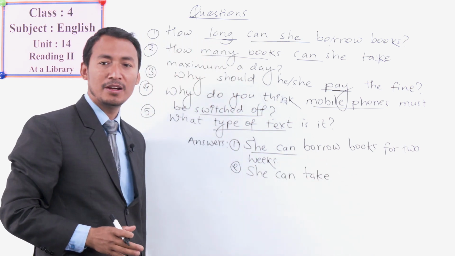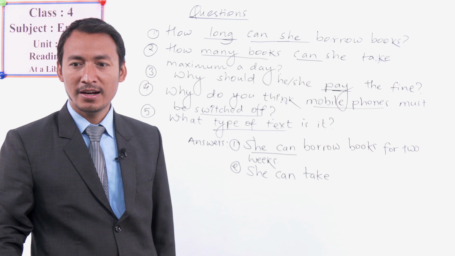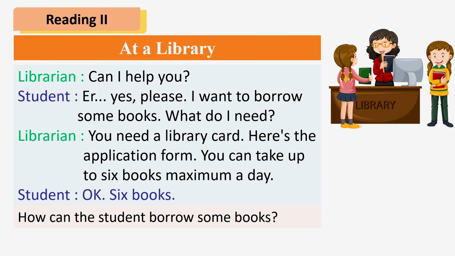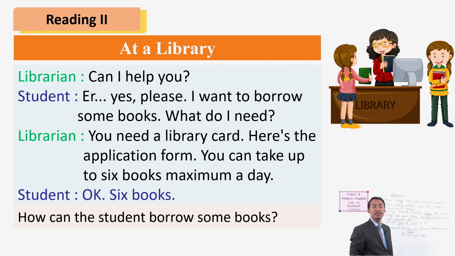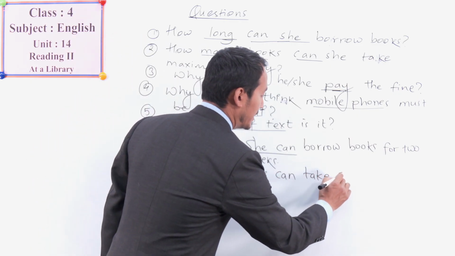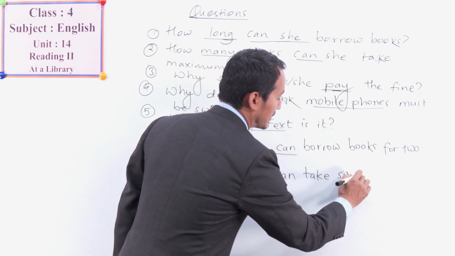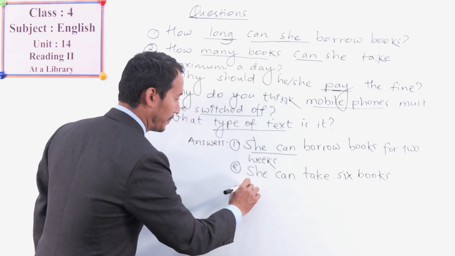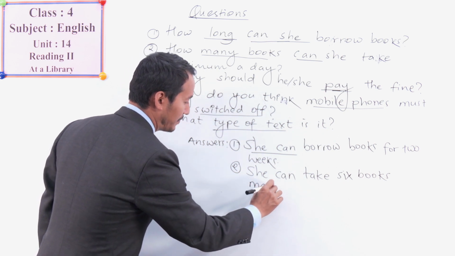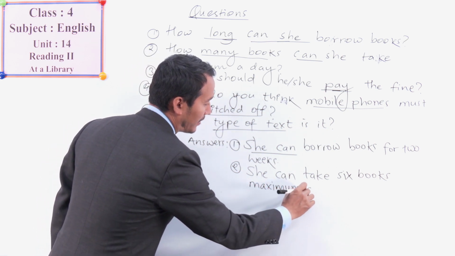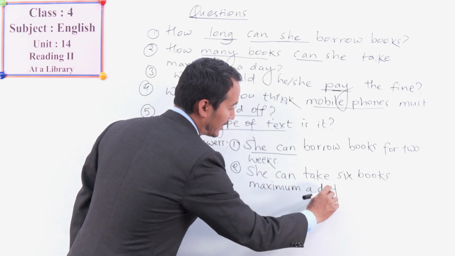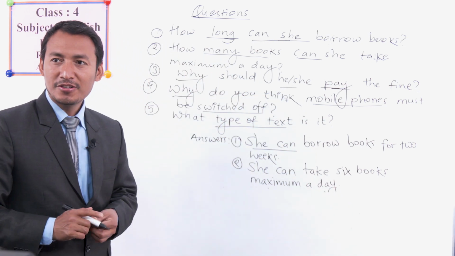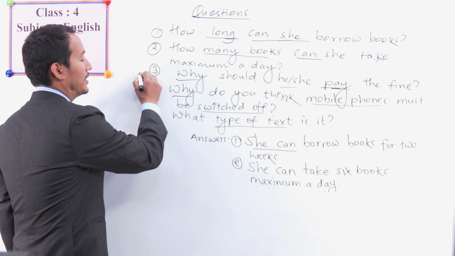Now you have to write the number of books. How many books are mentioned here? Can you see here? Maximum of 6 books a day.